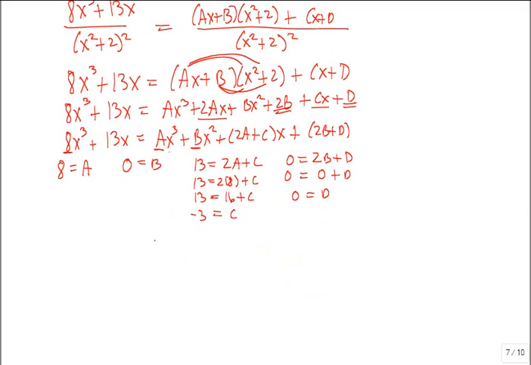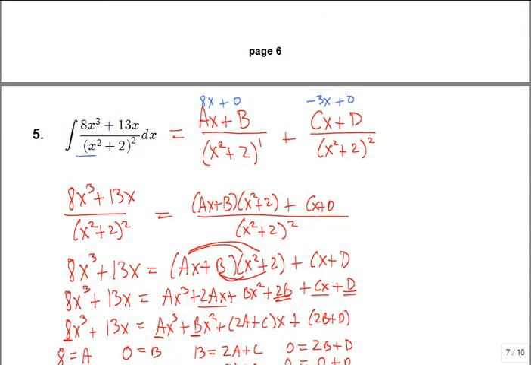So this is going to look like 8x over x squared plus 2 minus 3x over x squared plus 2 squared. So the b and the d were both 0, so we don't need those constant terms on top at all. And this partial fraction decomposition is the same as this right here, just in a different form.